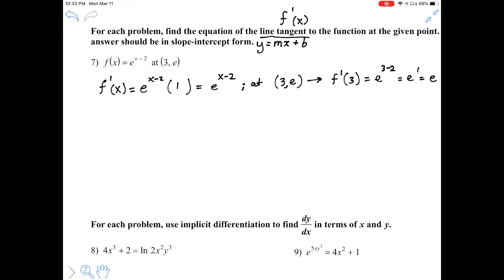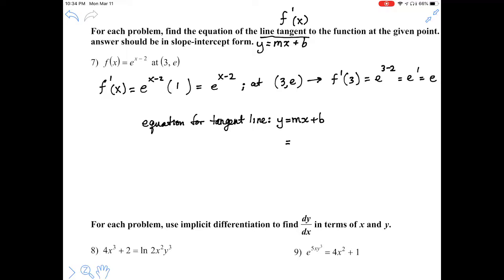So we already had the slope. So now we want the equation for the tangent line. It's going to be y equals mx plus b.